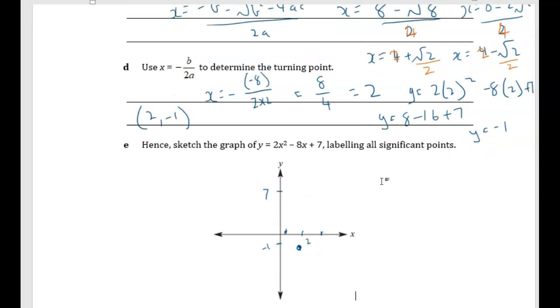Doesn't make any difference to our turning point. So this is 2 plus 2 root 2. Oops. Gosh, so many numbers. Let's just get rid of that 2. 2 plus root 2 on 2. And then this one here is 2 minus root 2 on 2. And then let's just graph it.